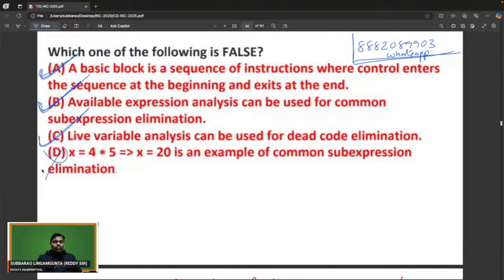Toppers also got less marks in the test series, 30 marks, 40 marks, 50 marks. Mostly you are also getting similar. Please keep on improving. Let's move to the next problem.